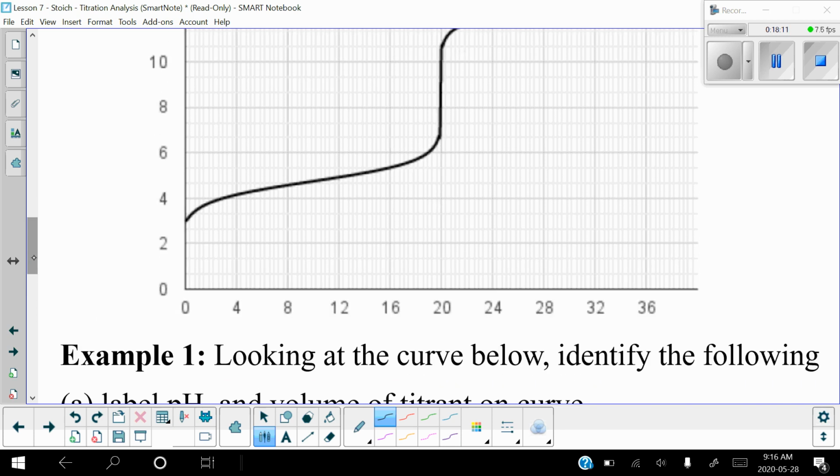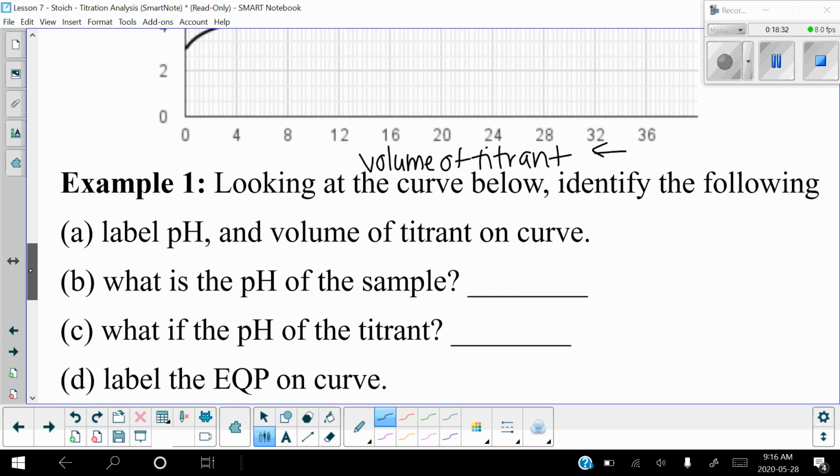So we know that the volume of titrant goes on the bottom there, and then pH is our responding variable. So this is our manipulated, that's how much we're putting out of the burette, and then this is our responding.